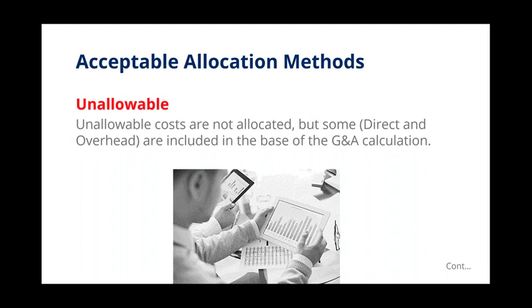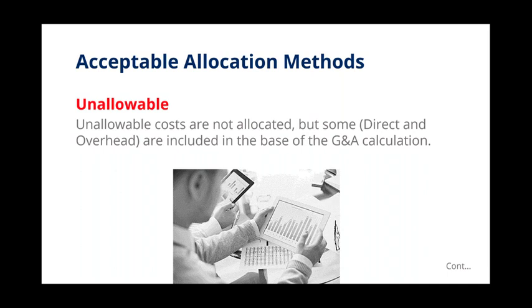But they don't get allocated, but some of them do, particularly any unallowable direct and unallowable overhead costs are included in the base of the G&A calculation. And the reason for that is because if the direct costs will otherwise be part of the G&A base, then the unallowable direct costs also become part of the G&A base.